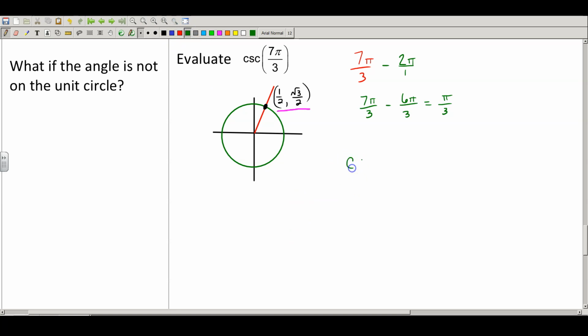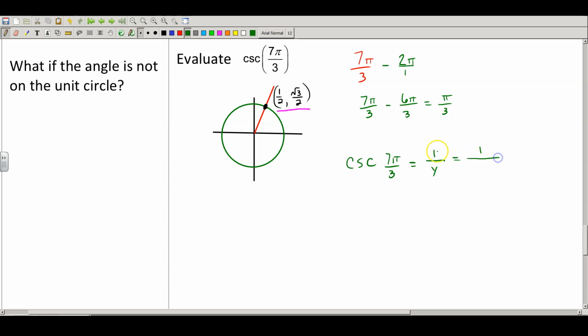So the cosecant of 7 pi over 3, if we look back to our unit circle, is going to be the reciprocal of the sine value, or 1 over y. So in this case, the y value is √3 over 2. So really all we're doing is asking, what's the reciprocal of √3 over 2?